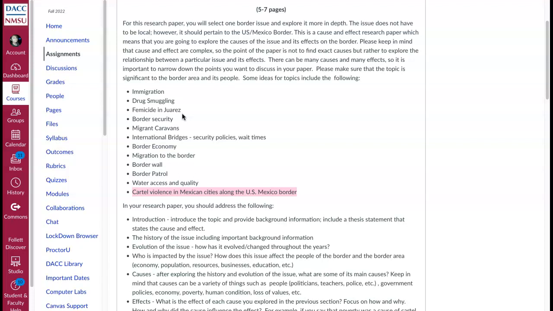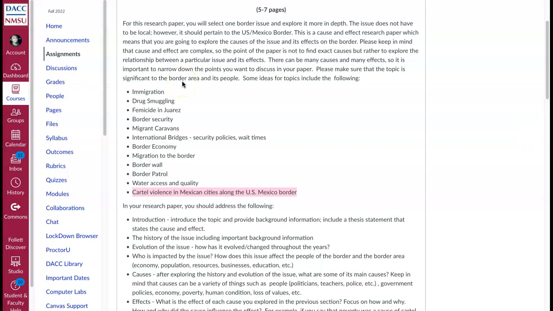So there's a lot of different aspects that you can look at dealing with one topic, right? That's what makes a topic good, is that it's complex and you can look at it from multiple sides and try to figure out what are the causes of this angle? What are the causes of that angle? Like I was saying with femicide, you could look at what's causing it, you can also look at why we haven't done anything about it. So those are two different angles.